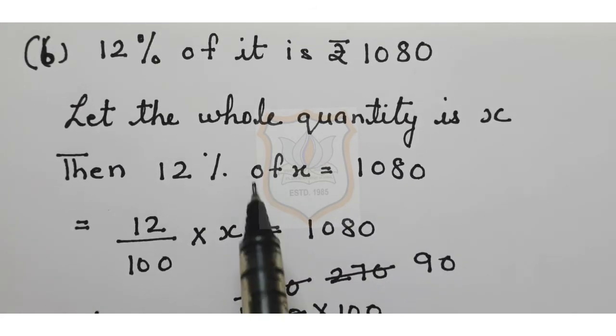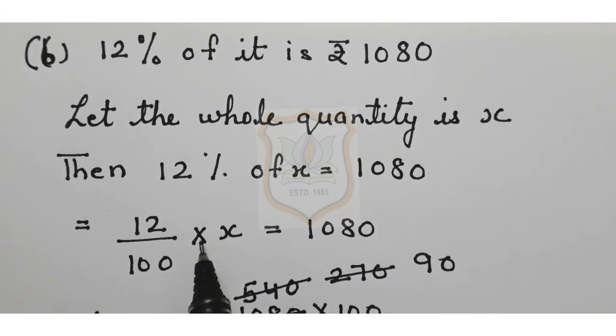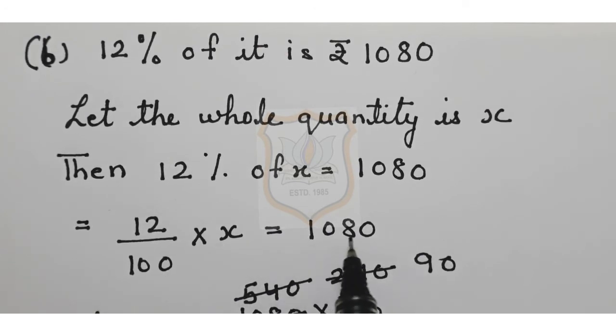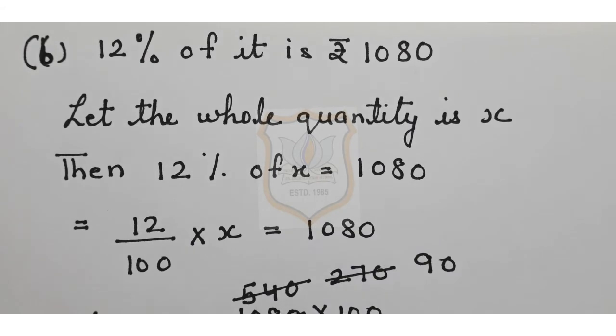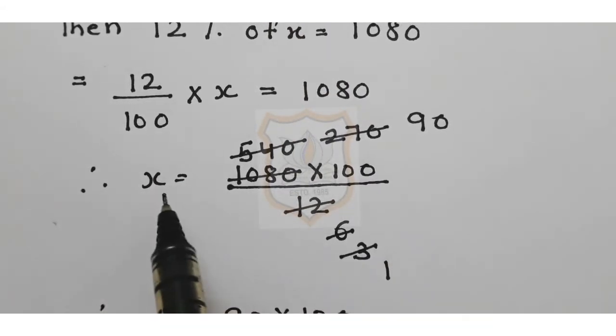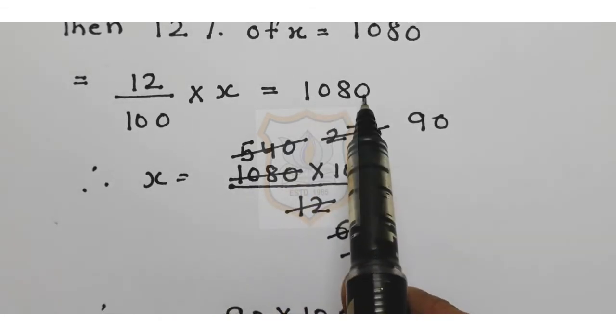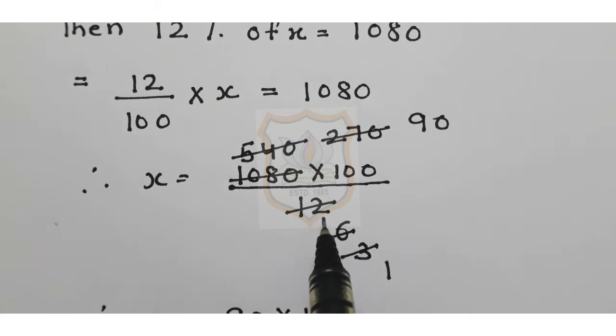Again in place of %, I will write multiply. 12 upon 100 multiplied by x is equal to 1080. In this way also I can find out the value of x. x is equal to 1080 into 100 upon 12.